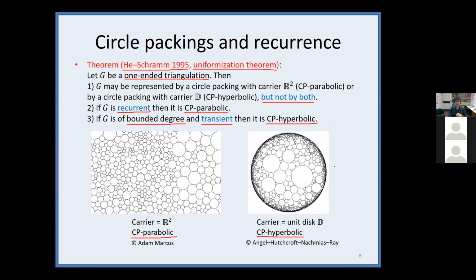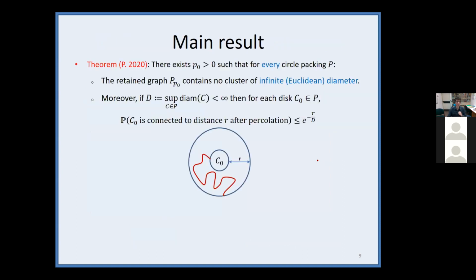Okay, and then what do we prove about such circle packings? Here is the main result. So there exists p_0, the same p_0 as before. You may have in mind e to the minus 26, such that every circle packing, maybe it is in the unit disk, maybe it is in the whole plane, maybe it has many accumulation points, maybe it doesn't have, maybe it doesn't fill neither the disk nor the plane, any circle packing.